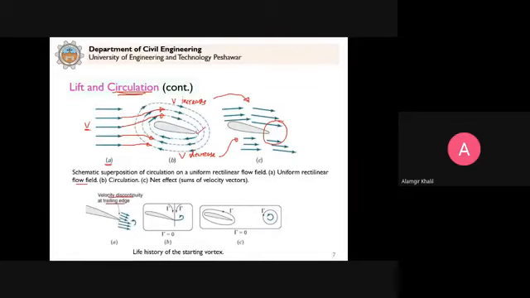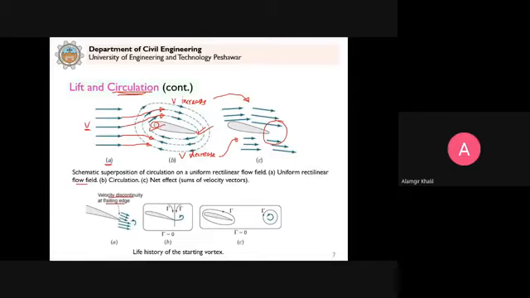This point is known as the trailing edge, and this front portion of the body is known as the leading edge. This terminology you will come across when we solve problems. You will be asked what the value of a parameter is at the leading edge or at the trailing edge. So just remember that this is the trailing edge and this is the leading edge.